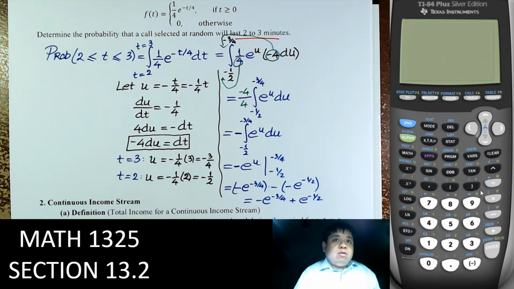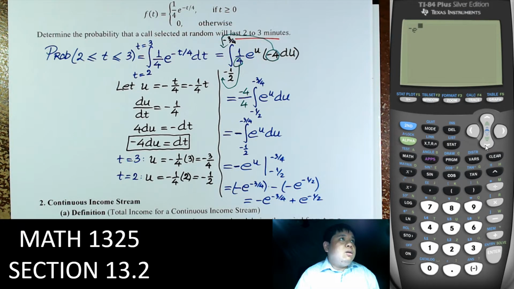Let's just try to find those values. Negative e to the negative 3/4 plus e to the negative 1/2.